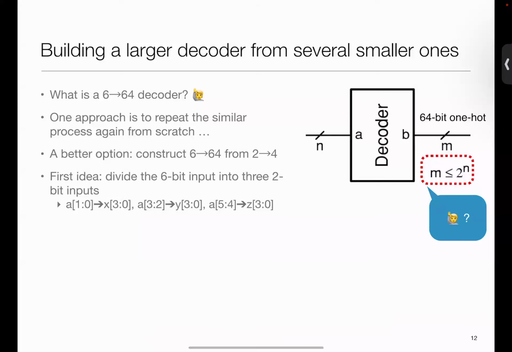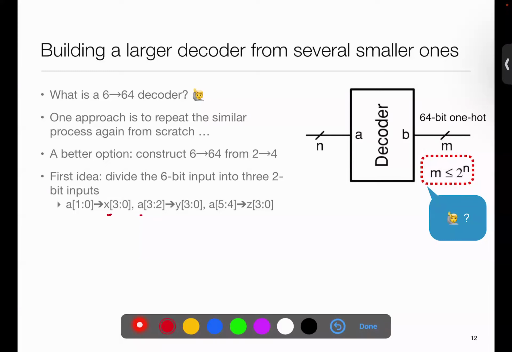Then each group of 2, I can decode using my 2 to 4 decoder, which I've already designed. Let's imagine the outputs of those decoders are called X, Y, and Z, and they will be 4 bits each, right? Because it's a 2 to 4 decoder. So I take that 6-bit input, chop it into 3 groups of 2, and decode each one of those groups.